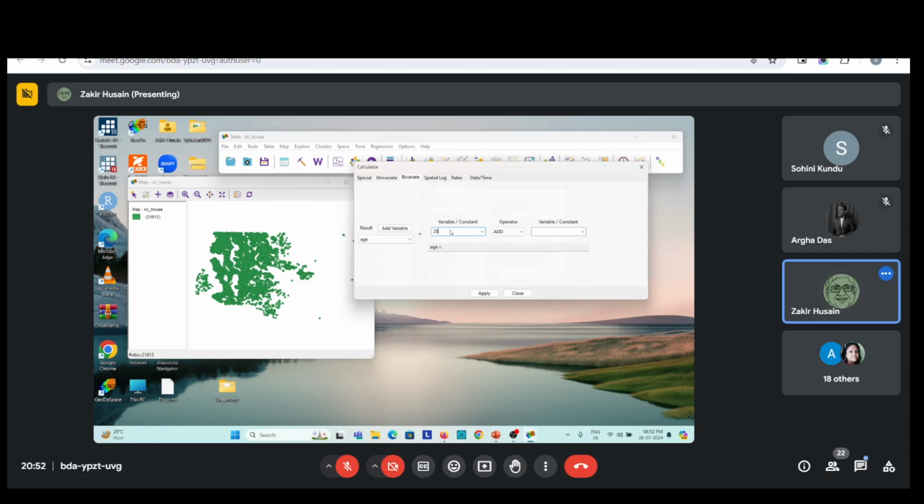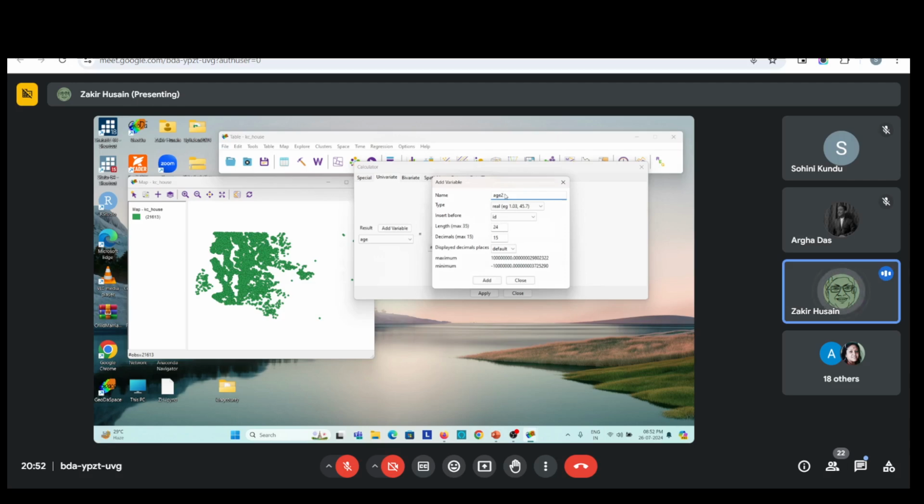So it is 2014. I choose subtract and I choose year built. You can see over here. So I'm applying. And then I need another variable which is age square.